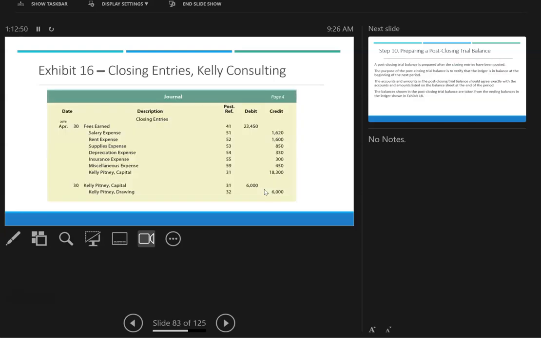Here you see the revenues zeroing out and all of our expenses zeroing out, and the net income flows into the capital account. Below, you see the drawing is zeroed out, and that amount that the owner took out reduces his capital account by debiting it.